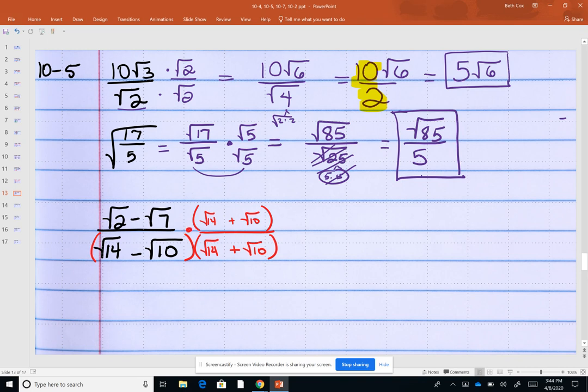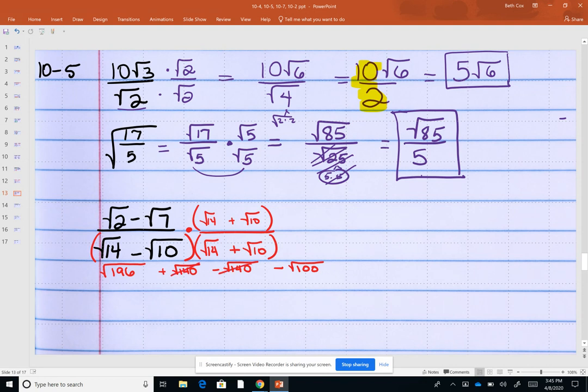Okay, I'll do the denominator first because it's the hardest one. So when I do the square root of 14 times the square root of 14, I get the square root of 196 plus the square root of 140 minus the square root of 140 minus the square root of 100.